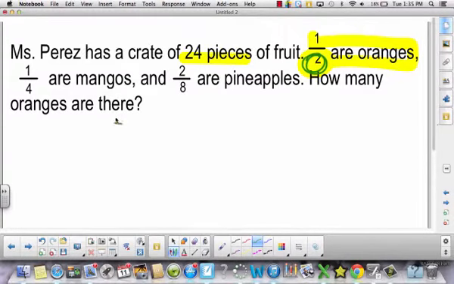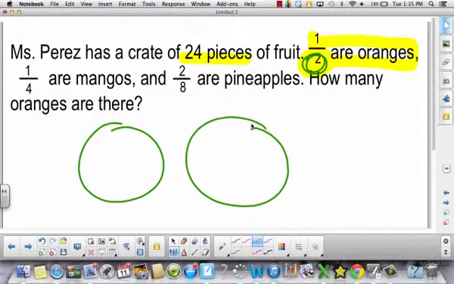So I'm going to go ahead and draw 2 groups, and I know that I have to divide 24 among those 2 groups. So 24 divided by 2. Now if you know that division problem, you can go ahead and skip the drawing, but the drawing is a nice visual. I know that 24 divided by 2 is 12, so there must be 12 oranges.